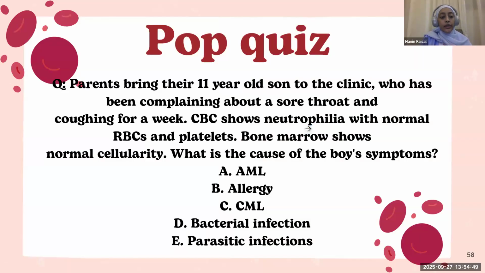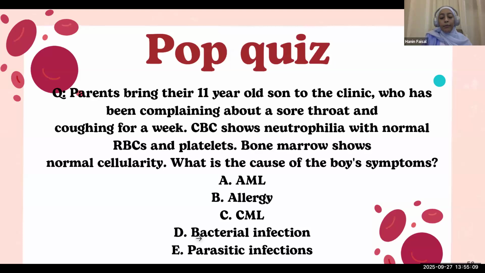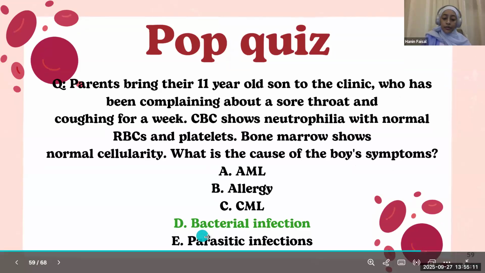Now I have a pop quiz for you guys. Parents bring their 11-year-old son to the clinic who has been complaining about sore throat and coughing for a week. CBC shows neutropenia. Okay. And what is the cause of the boy's symptoms? Exactly, as you guys said, bacterial infection. So, in parasitic infection, what will you see?